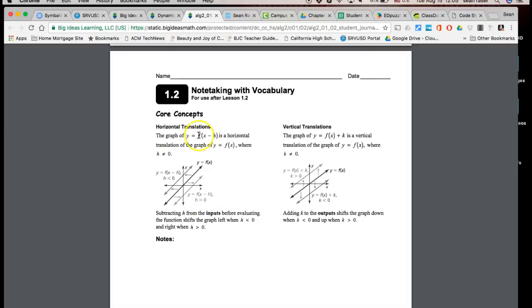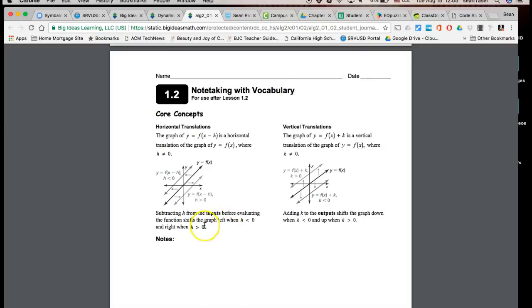So f of x minus h means we subtract h from our input, and that's going to move our graph left and right. So subtracting a number from the input before evaluating the function shifts the graph left and right.